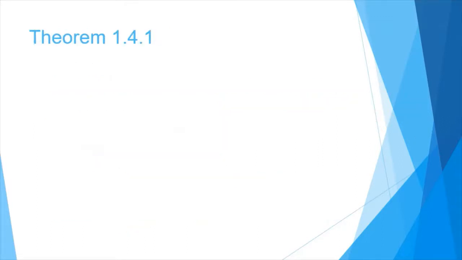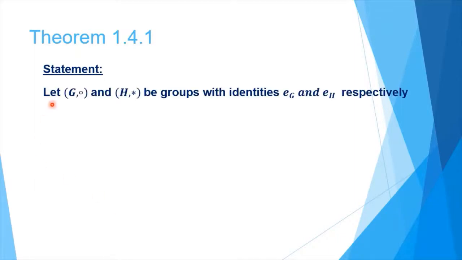Next we shall see some basic theorems on homomorphism. Let (G, ·) and (H, *) be groups with identities e_G and e_H respectively.